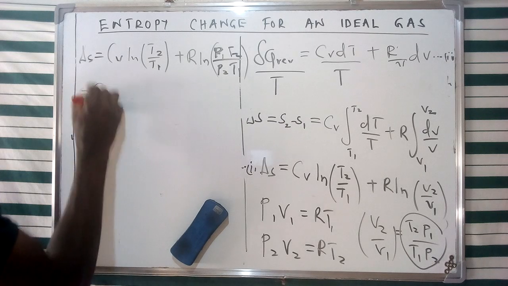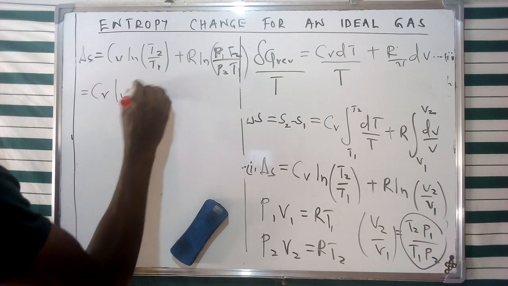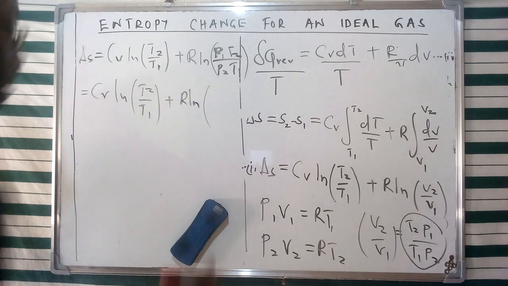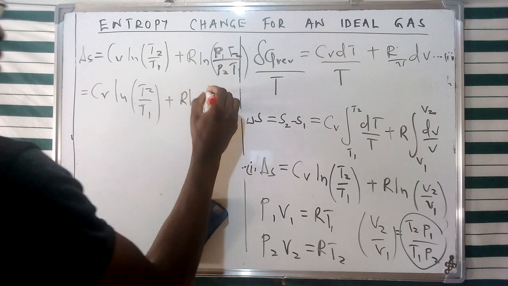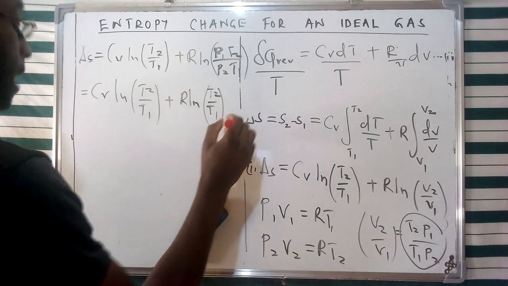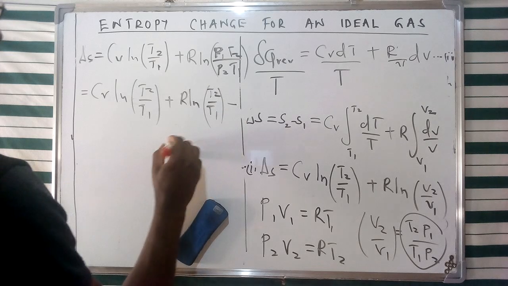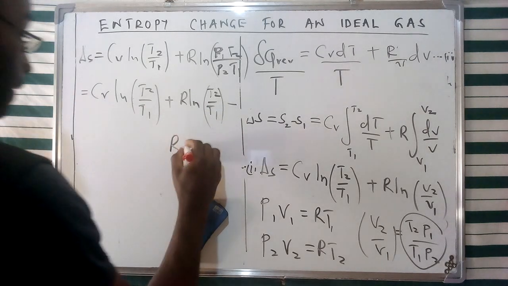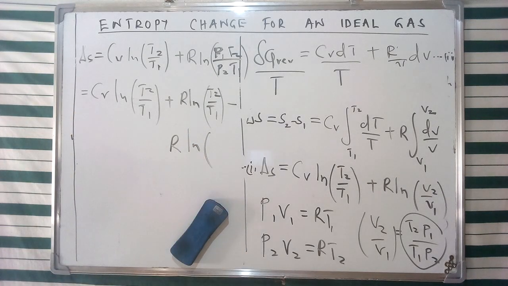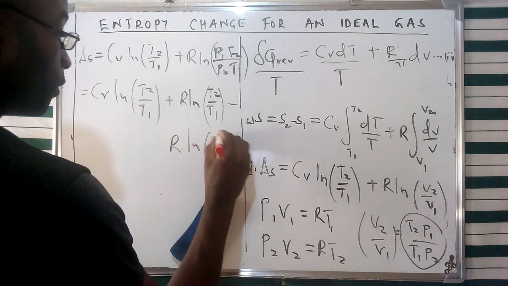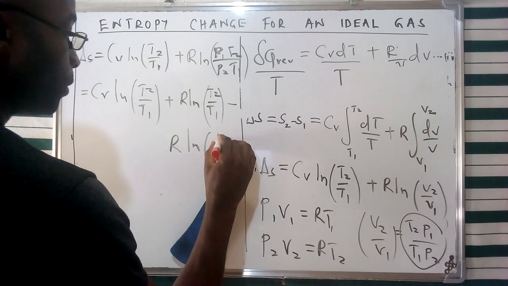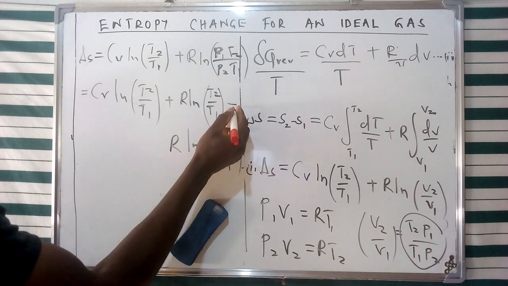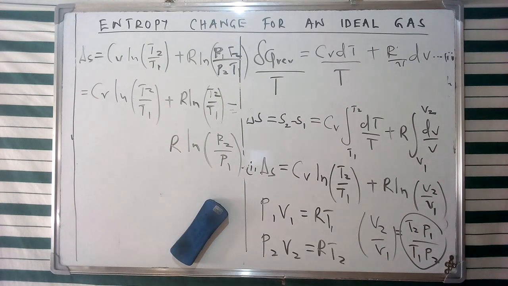The second part of that equation is represented as plus R the natural log of T2 over T1, and then minus R the natural log of P2 over P1. Since I have just reversed the pressure ratio, this gives the negative aspect of the equation.